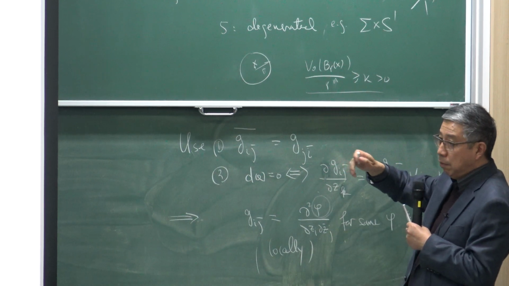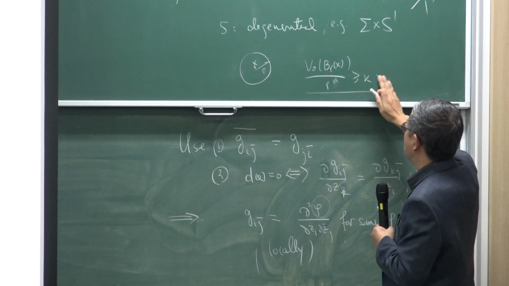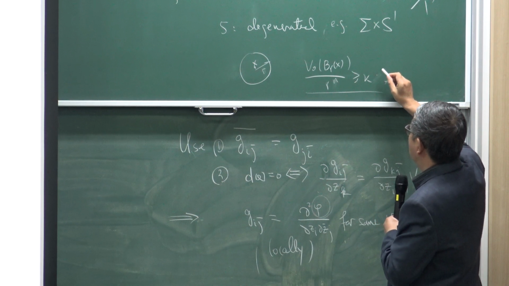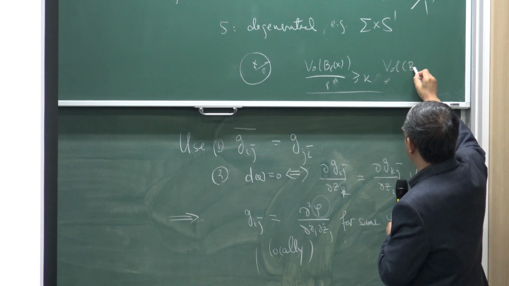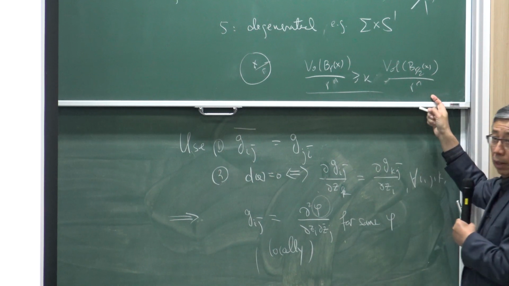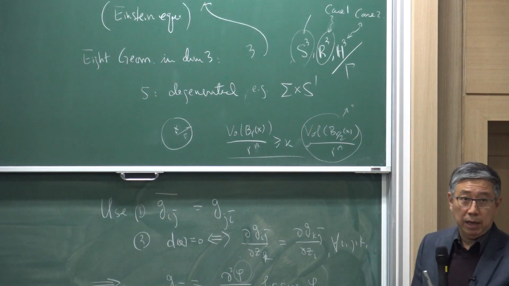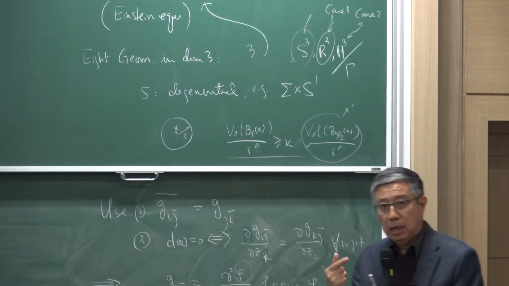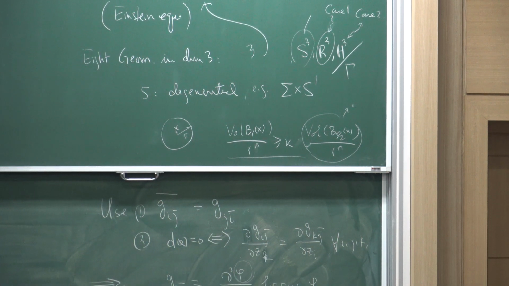Even in the collapsing case, we still want to bound this in terms of the volume of a bigger ball, relative. So this itself may go to 0 at time infinity. So we extend Perelman's non-collapsing to a collapsing case, but we have a relative comparison.